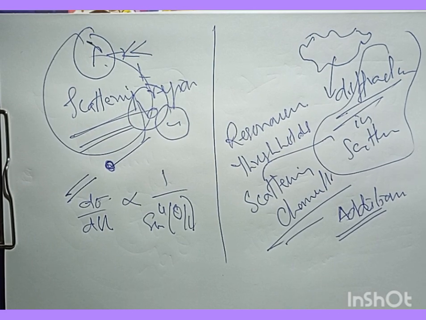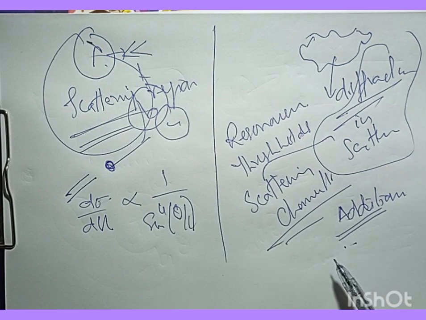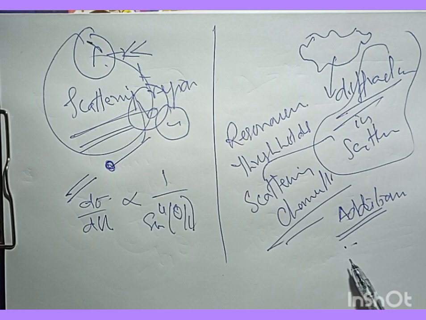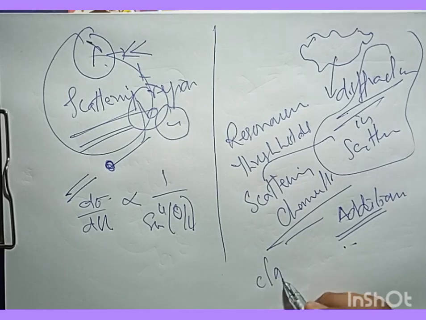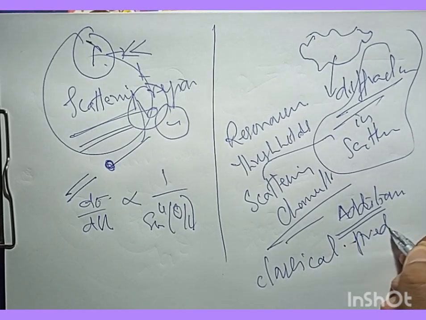Quantum mechanics provides a more complex picture, especially at small length scales and low energies, where wave effects dominate. But in the high energy or large scale limit, quantum scattering results converge with classical predictions.